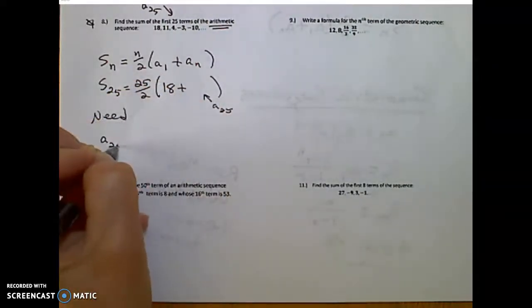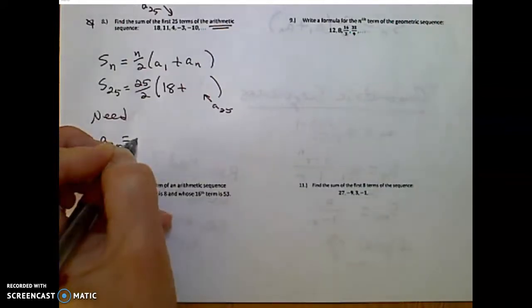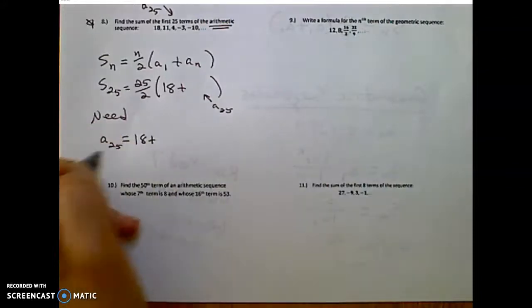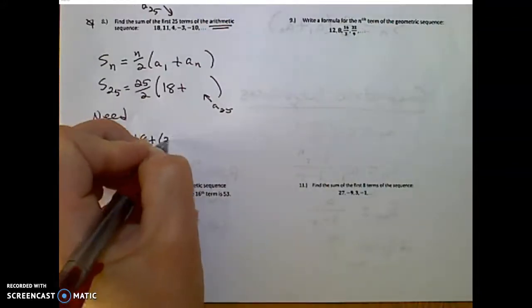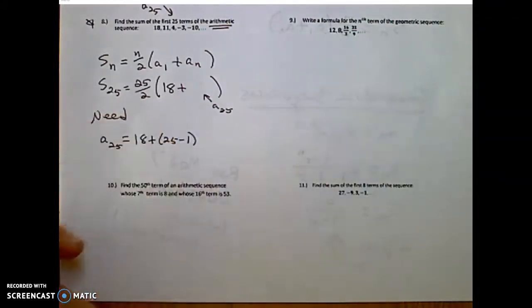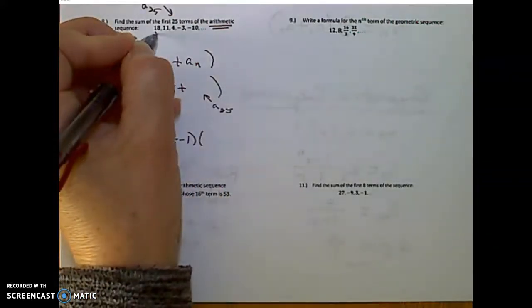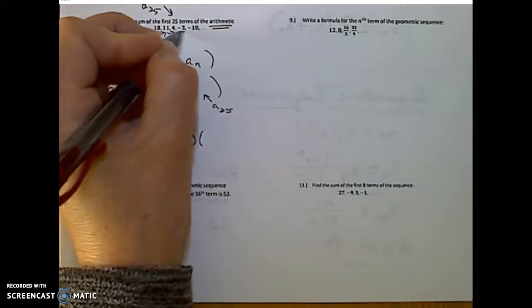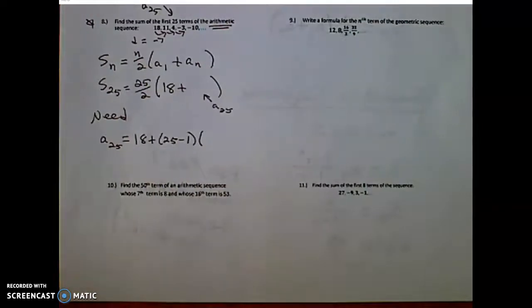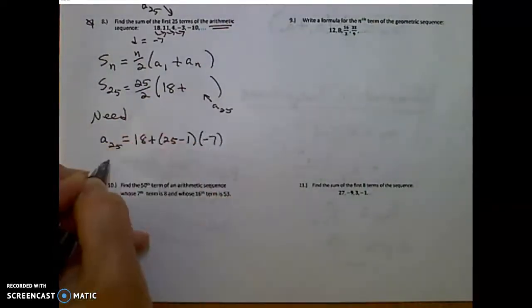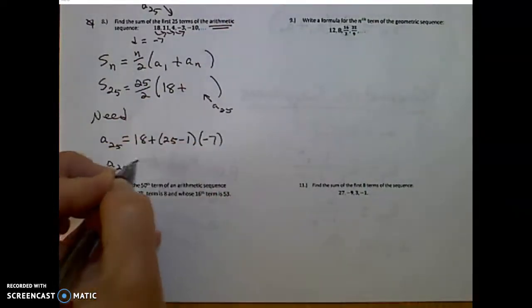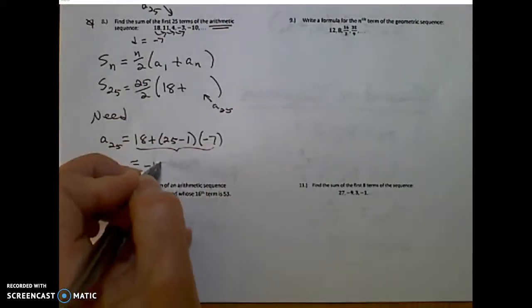A sub 25 for an arithmetic sequence is the first term, 18, plus n minus 1, 25 minus 1, of those differences. I need the common difference. Notice it's decreasing by 7 every time, so the common difference is negative 7. So I can find that a sub 25, the 25th term, is negative 150.